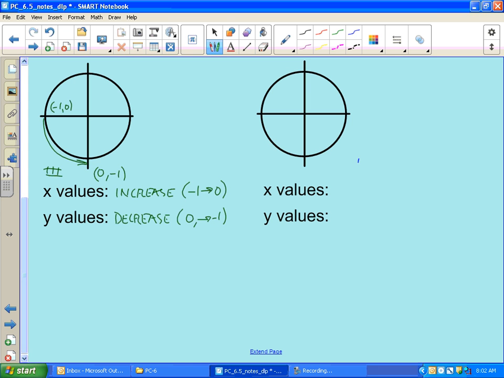And then finally, quadrant 4 is going on this side, going from 0, negative 1, back to 1, 0.